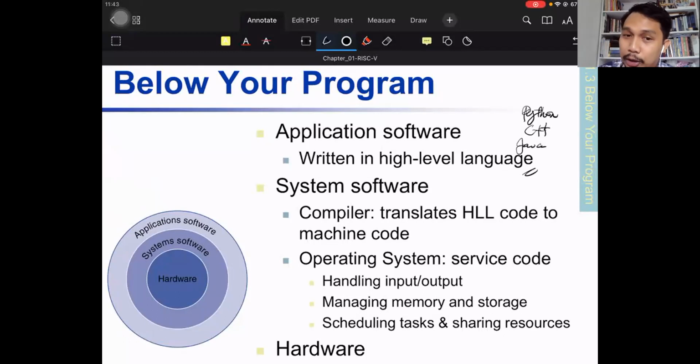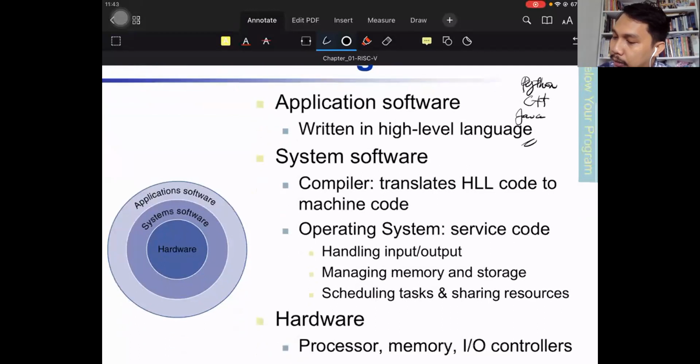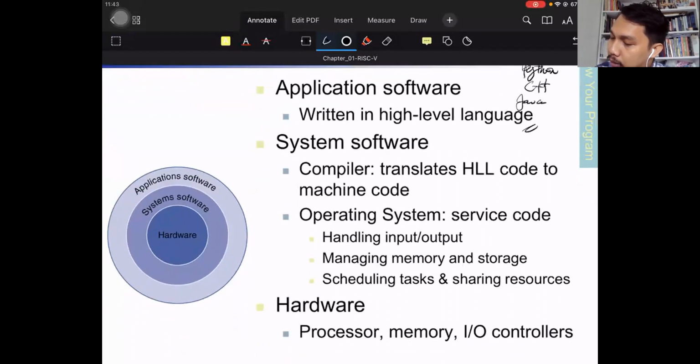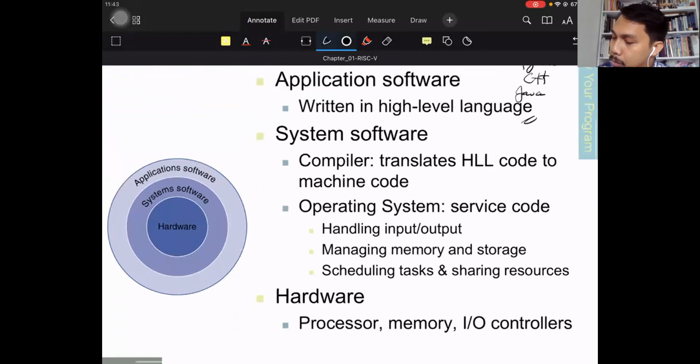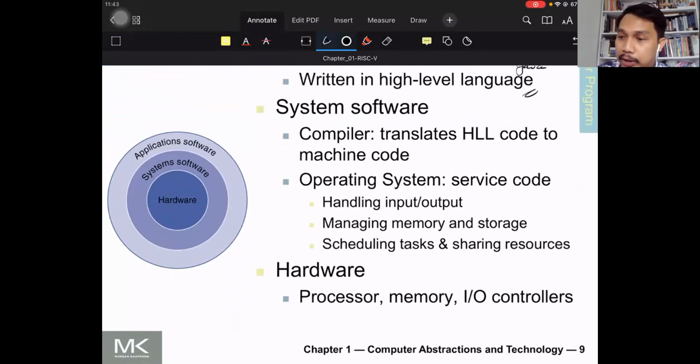Then below our high-level languages are the lower-level languages: assembly language, machine language, machine code. Compilers, assemblers, no? We will cover those terms later.